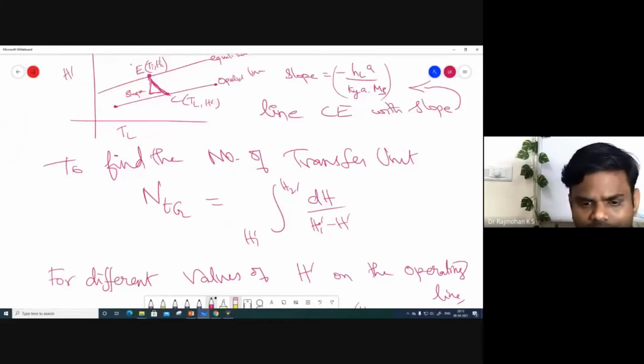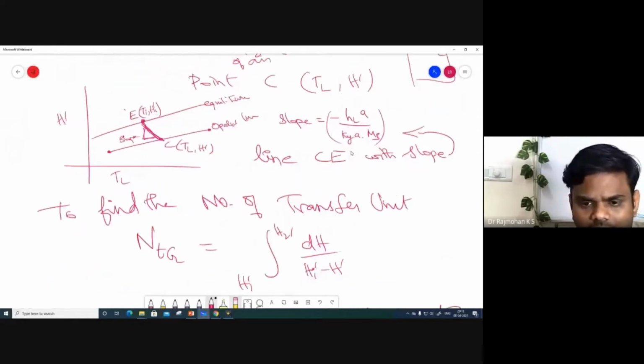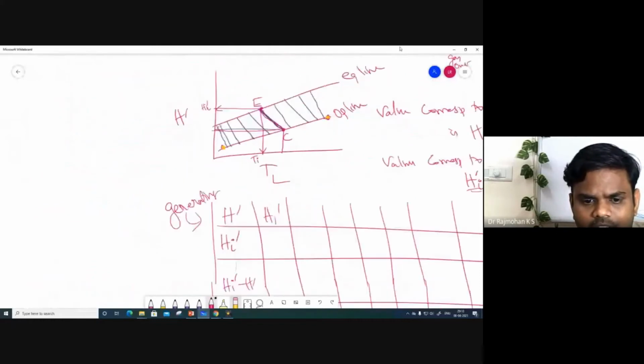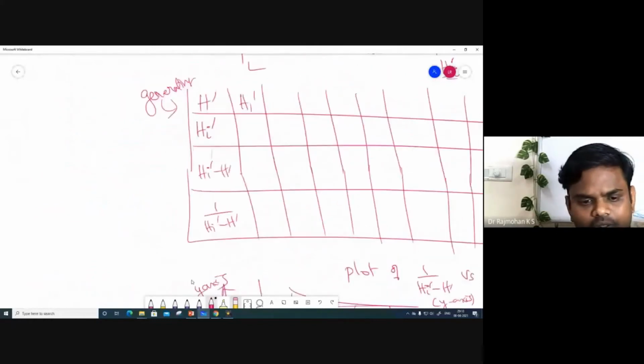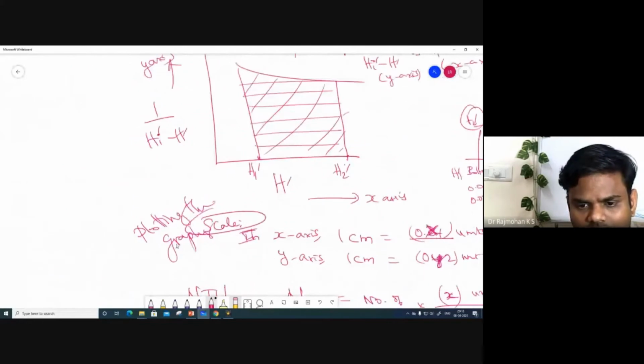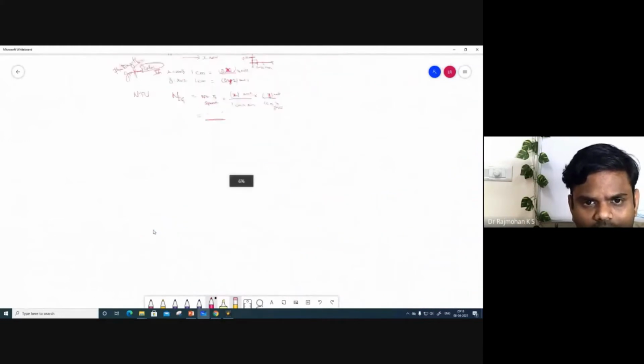So this will have a slope of minus hLa by kyaMB, right? Now, what will happen if we express the same in terms of the overall mass transfer coefficient? The same derivation can be done, and the height of the packed tower can be derived in terms of overall mass transfer coefficients.